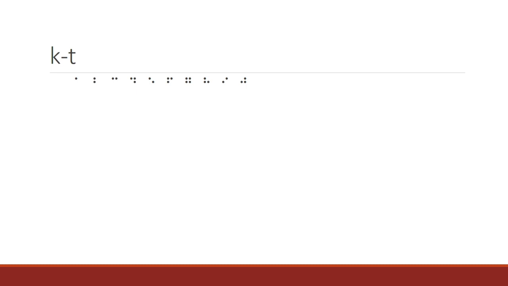Next, braille the new letters 10 times each, beginning with K. Refer to the dot descriptions on the previous slide if you need the numbers spoken aloud. The letters to be brailled are K, L, M, N, O, P, Q, R, S, and T. Now braille the final 5 letters by adding dot 6.